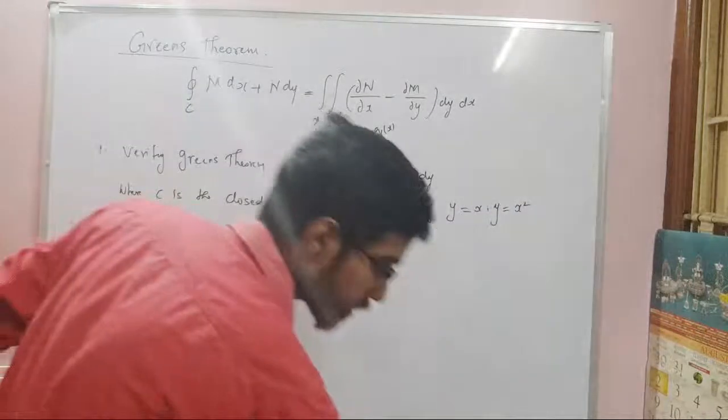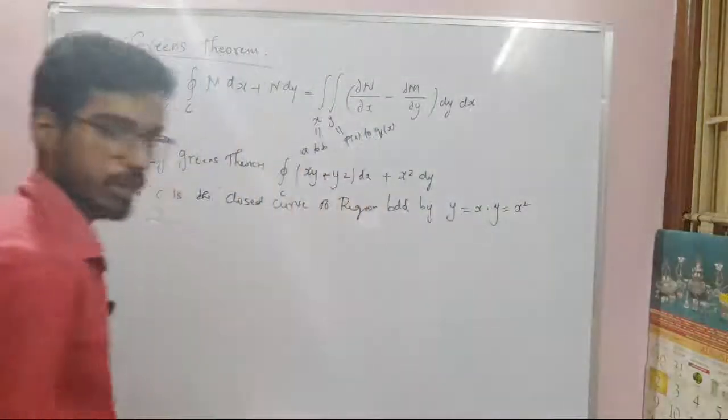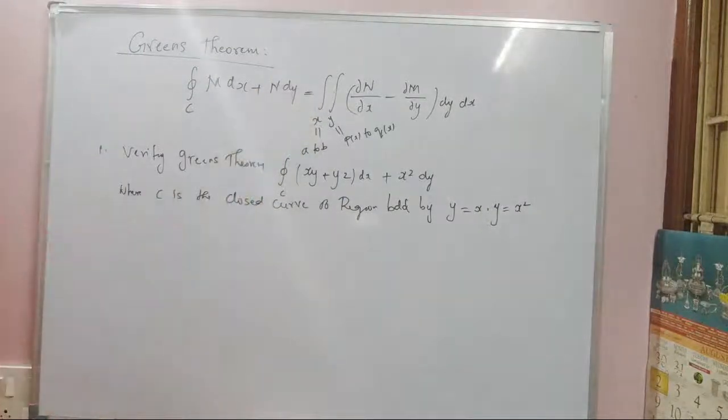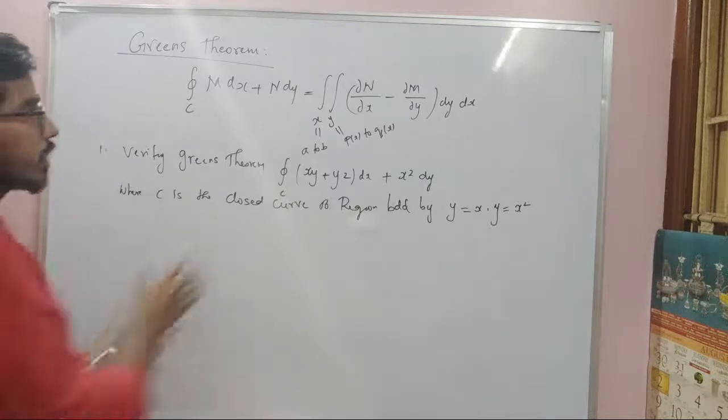So we need to verify Green's theorem. That means we need to find the LHS and the RHS, and we have to say both are equal. First we will find the RHS.